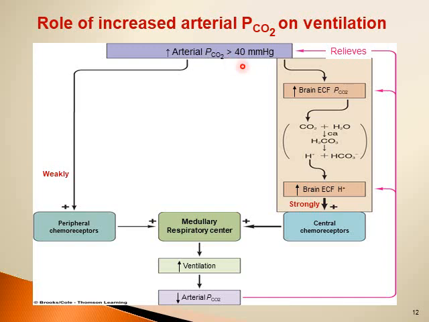Carbon dioxide can cross the blood-brain barrier. It will enter the CSF, the cerebrospinal fluid, and there it will increase the partial pressure of carbon dioxide in the extracellular fluid.